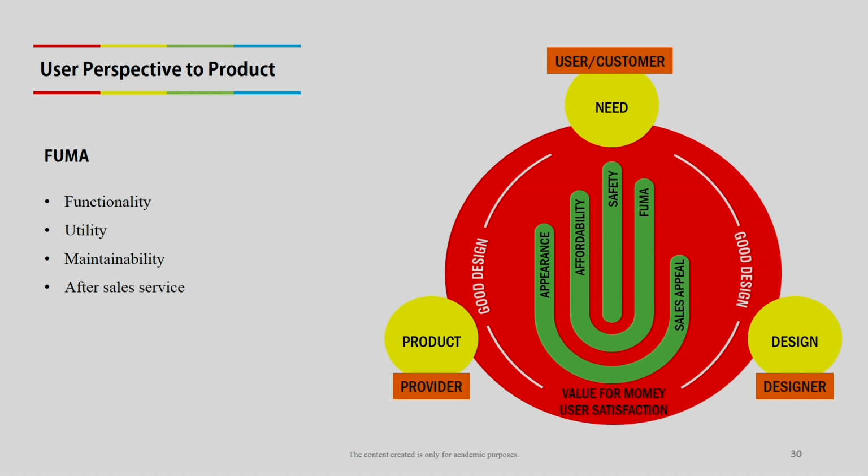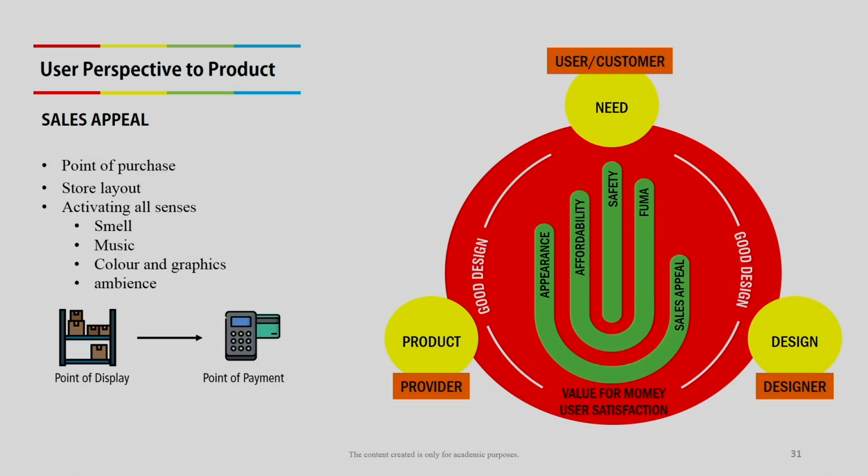Maintainability is the ease with which a product can be maintained in order to maximize a product's useful life. And after sales service refers to various processes which make sure customers are satisfied with the products and services of the organization.